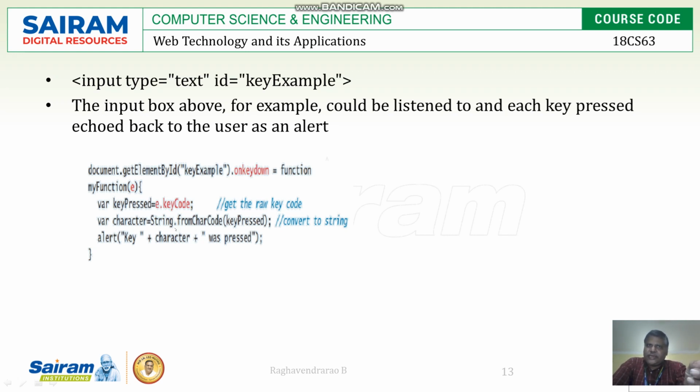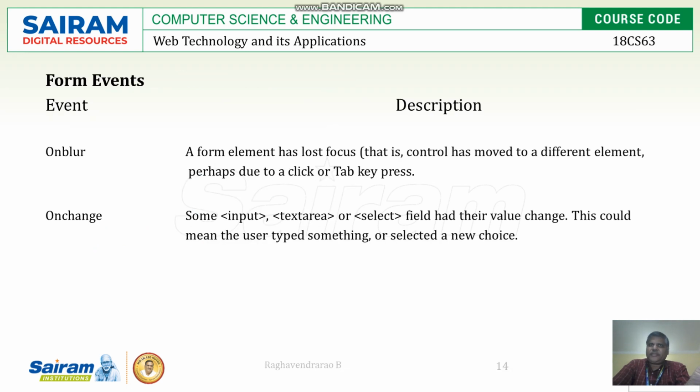Then variable character equals String.fromCharCode of the key code. Whichever key you pressed gets alerted. So this program displays whichever key you press on the keyboard on the screen using the alert method.